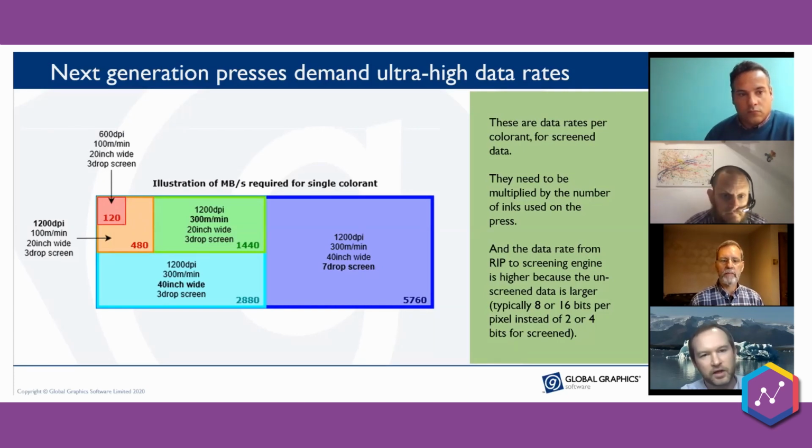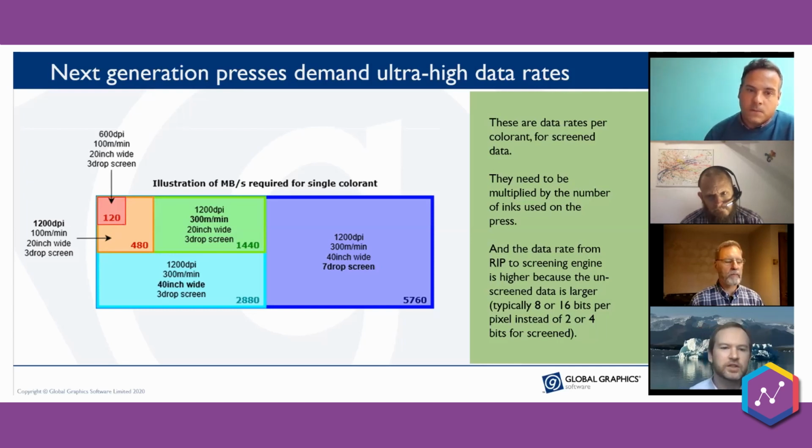So this diagram here is showing our starting baseline press: a 600 DPI, 100 meters a minute, 20 inches wide with a 3-drop screen. And that takes 120 megabytes a second for each colorant, which your hard drive and your computer could handle, no worries.